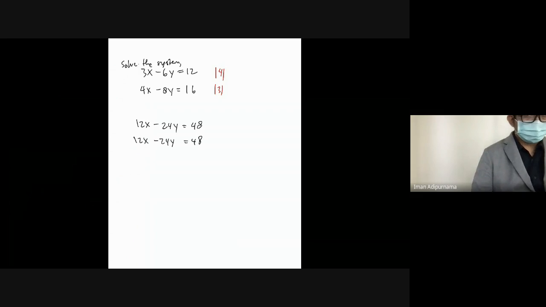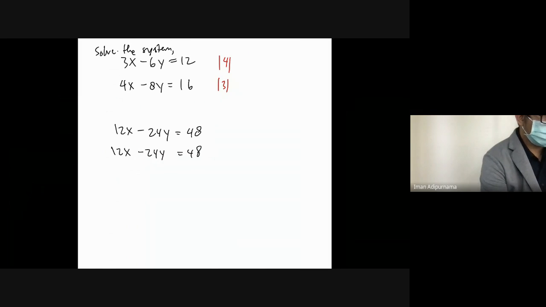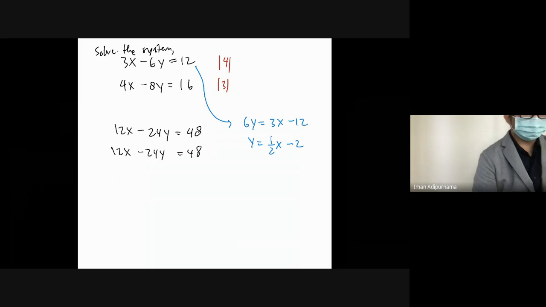Okay, so what we can do now, if we want to solve this and look at how the line will work, let me just write here. The 6y is 3x minus 12. So y is half x minus 2, right?